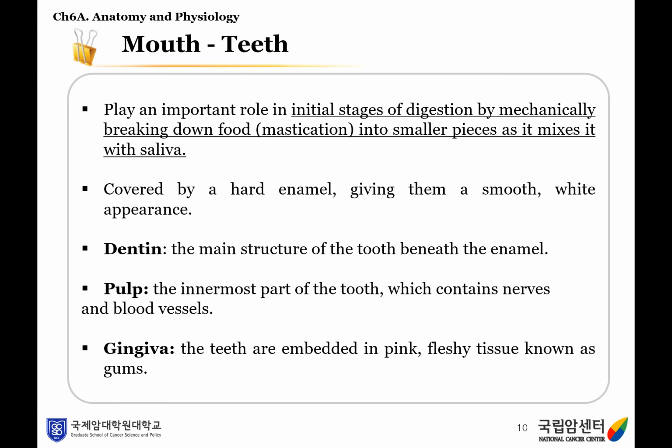Also, there is the main structure, dentin. This is the main structure of the tooth beneath the enamel. And in the inner part of the tooth, there is a pulp which contains nerves and blood vessels. Also, the teeth are embedded in pink fleshy tissue, which is known as gums, that is gingiva.